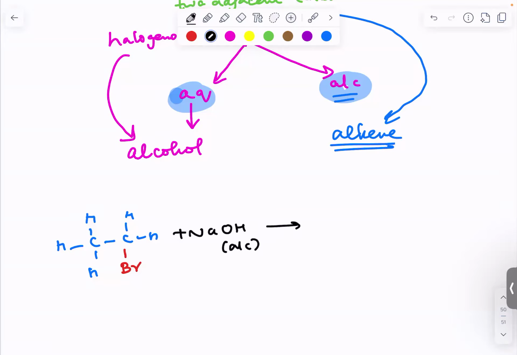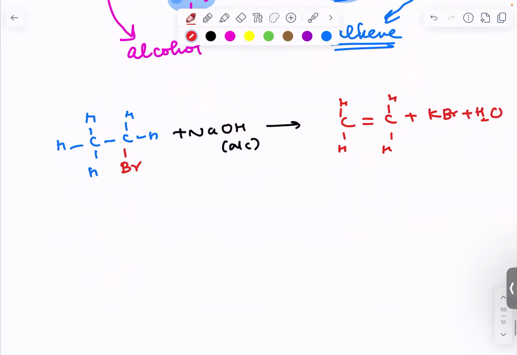The overall reaction would give CH2 plus KBr plus H2O. So that means we are going to get this. How are we going to get this? What is actually happening? This is the overall reaction.